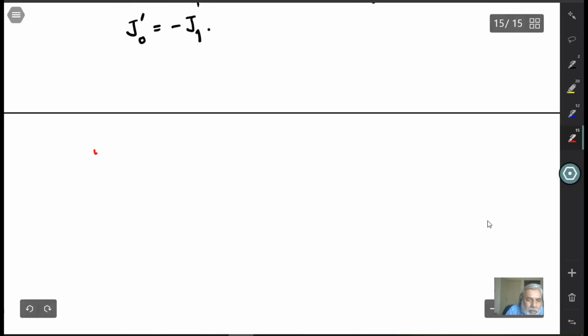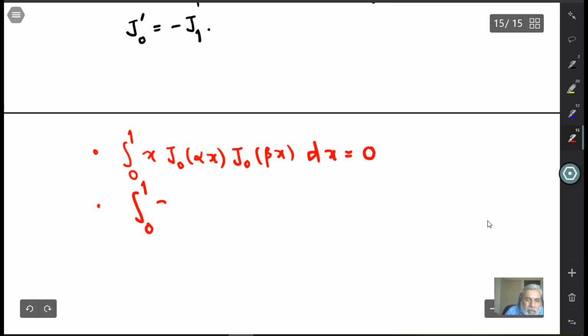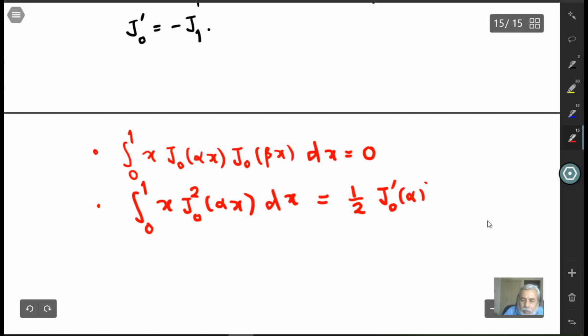The integral from 0 to 1 of x J0(alpha x) J0(beta x) dx is 0 for distinct roots, and taking alpha equal to beta, the integral of x J0(alpha x) squared dx is half J0'(alpha) squared.